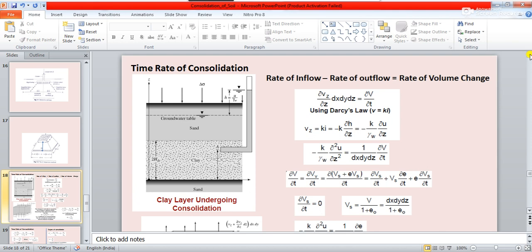Okay, so this is what we will be understanding in the next class. It will be more mathematical understanding first, and then again we will be solving problems.